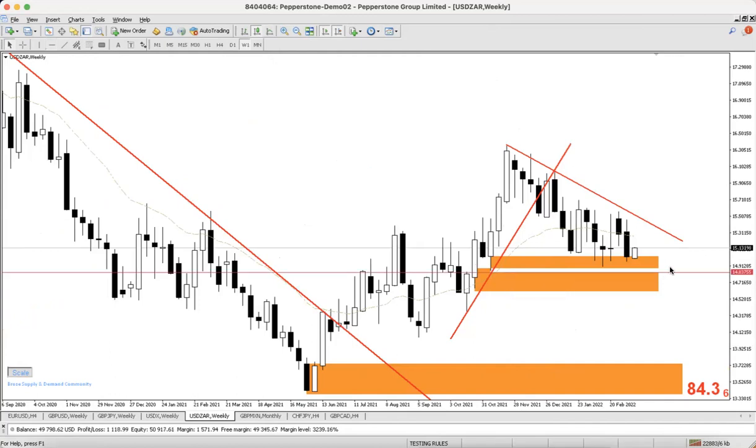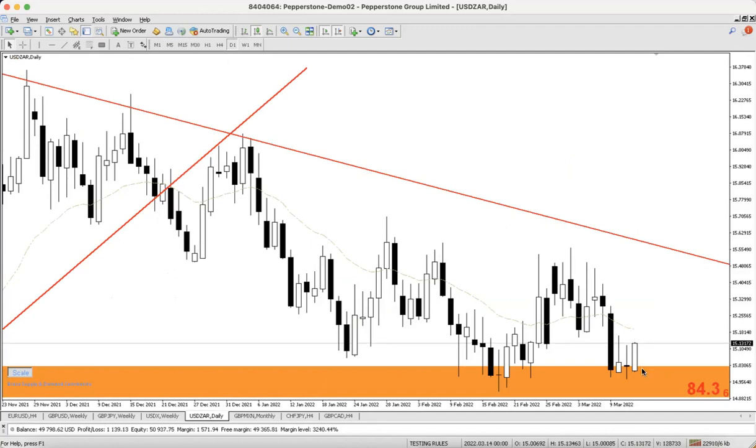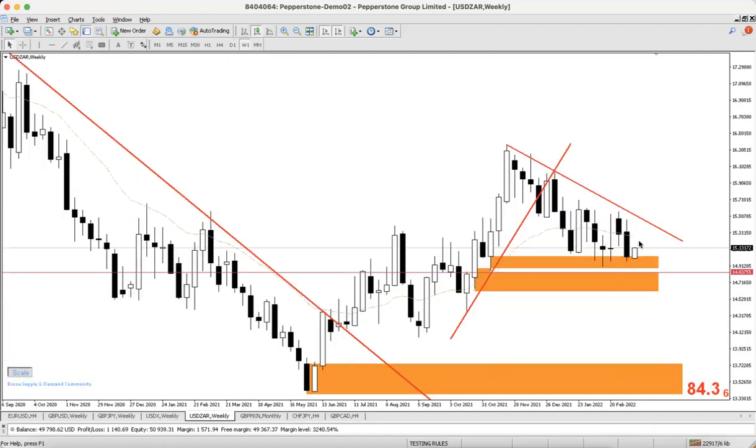If price crosses this line, it broke this area, it means after that price will fall down. Okay, so as it stands, we have to wait to see what price will do, because at the moment price can either go up or go down.